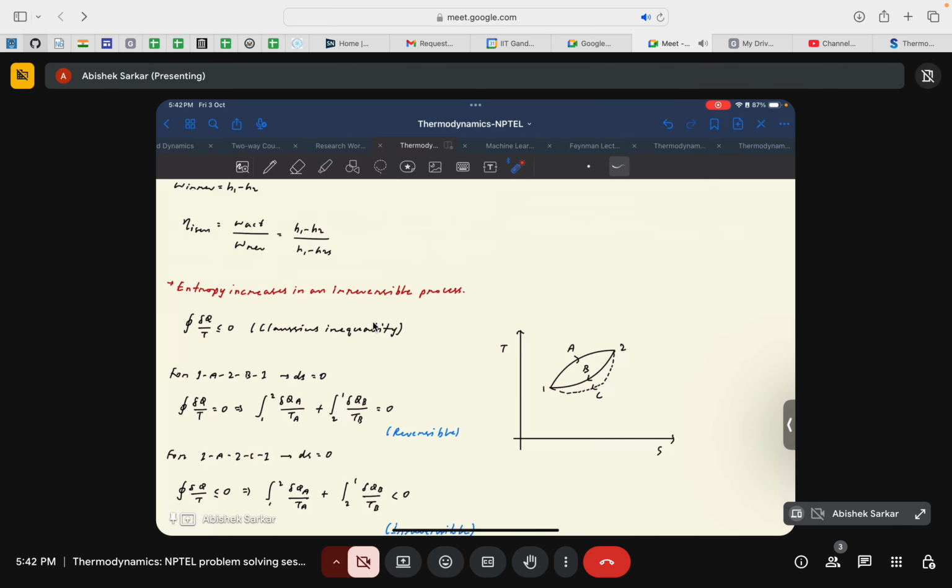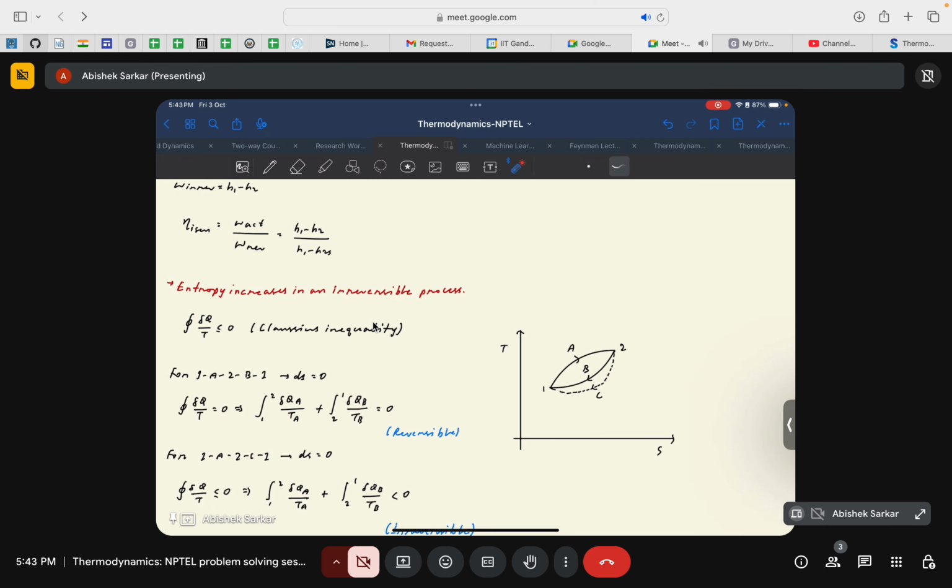So from the process inequality, there is this relation. We know that the cyclic integral of del q by T is always less than or equal to 0. It is equal to 0 for a reversible process and less than 0 for an irreversible process.